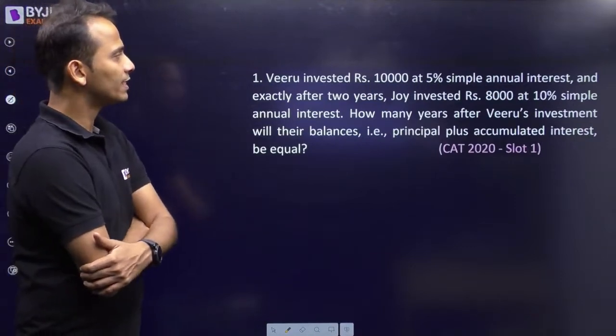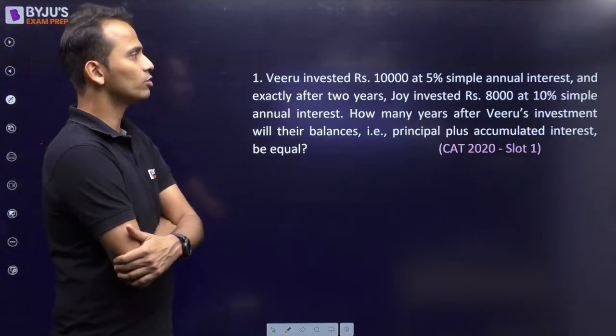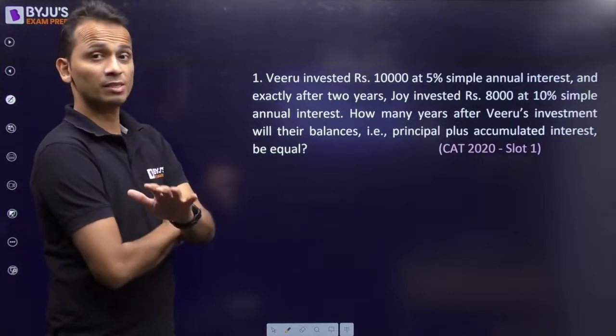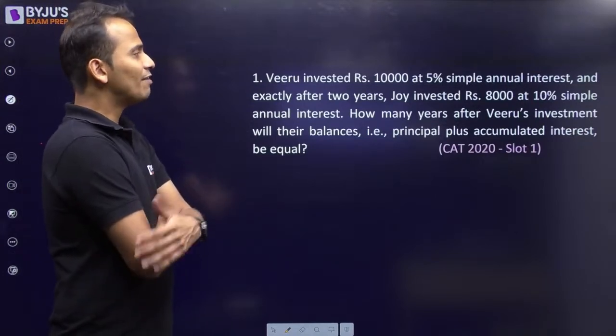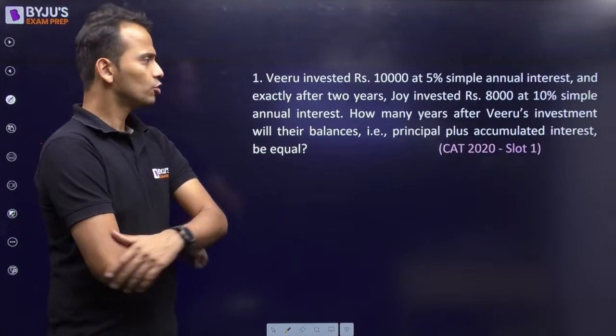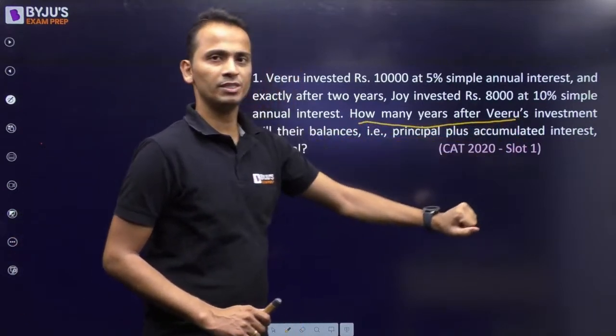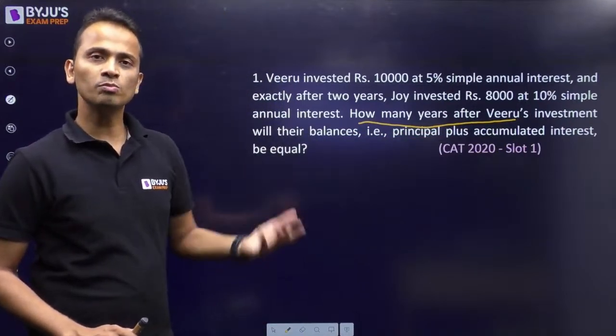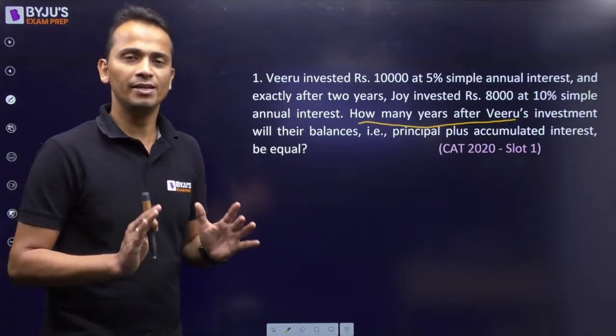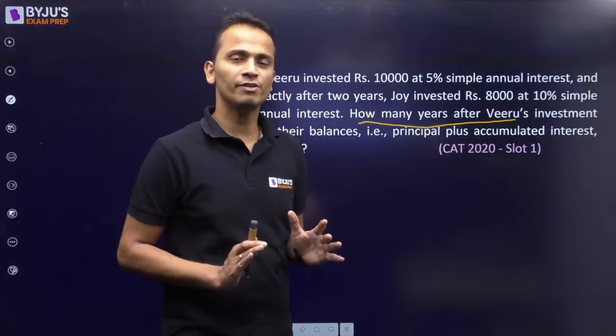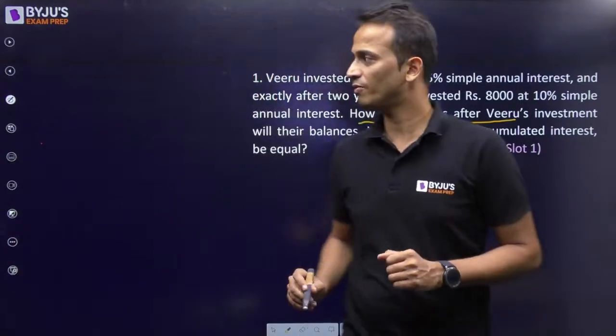Now, Viru invested 10,000. So principal is 10,000, 5% rate of interest, simple interest. And after 2 years, Joy will invest. So the question is, how many years after Viru's investment? So assume the number of years as n. That means Viru has invested his money for n years, right?